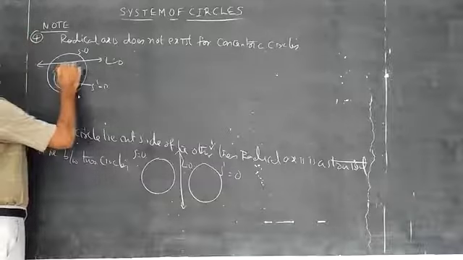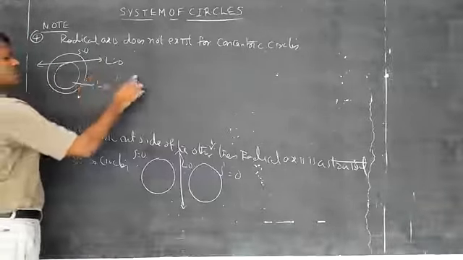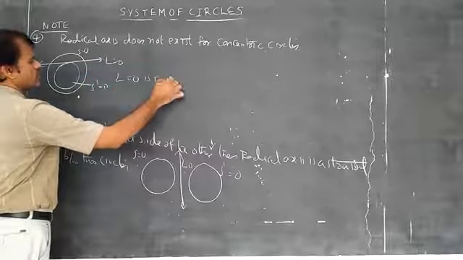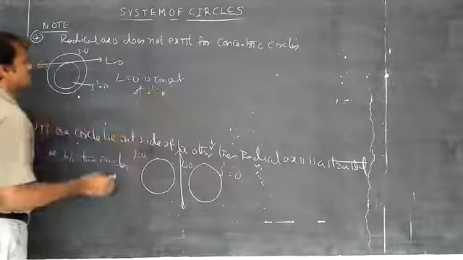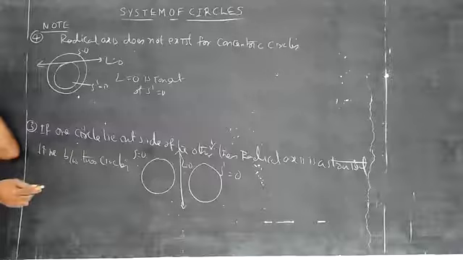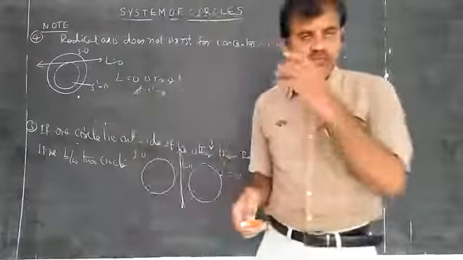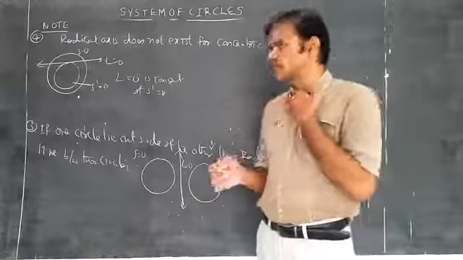What is happening? L equal to 0 is a tangent of S dash equal to 0, but for the first circle it is simply inside the circle. For the first circle inside and for the second circle tangent.